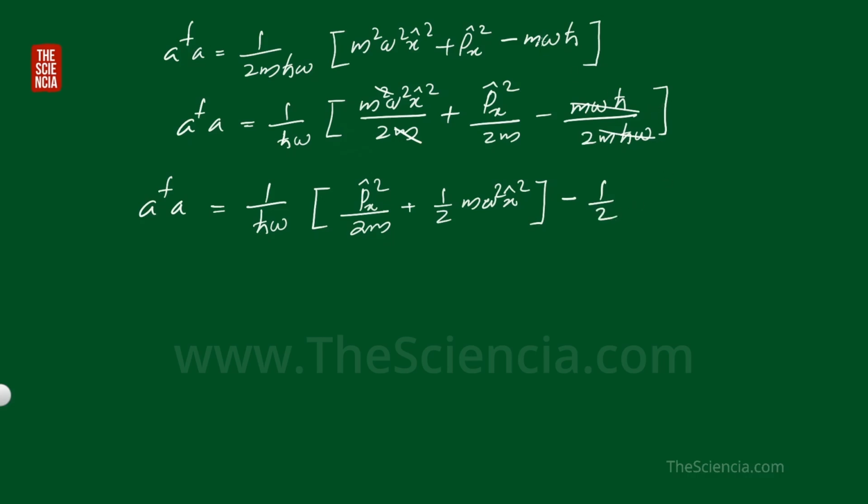Sorry, the bracket is here. What is this value? This is nothing but the Hamiltonian operator, that is a dagger A is equal to h cap by h cross omega minus 1 by 2.